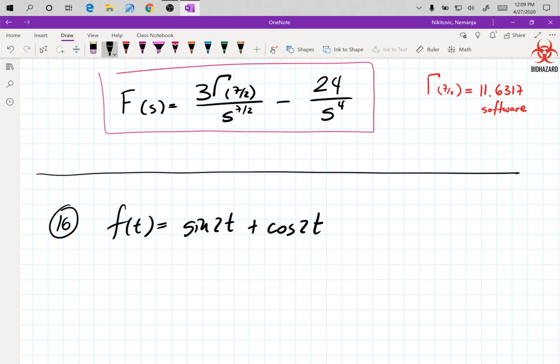All right, so let's take a look at the sine and cosine here.